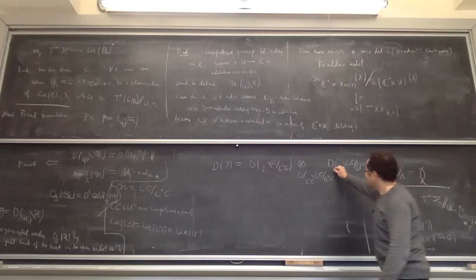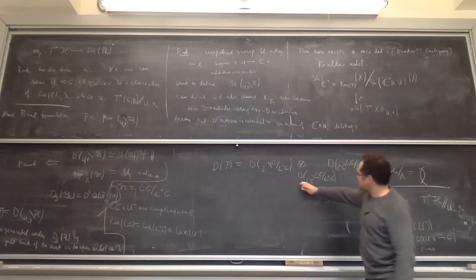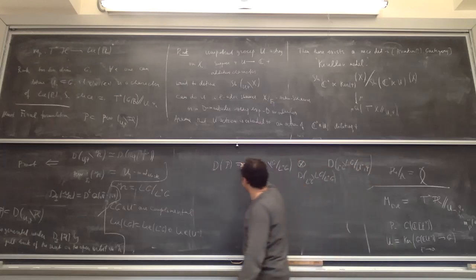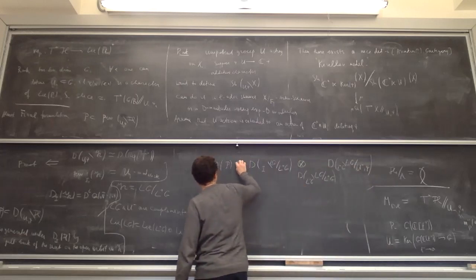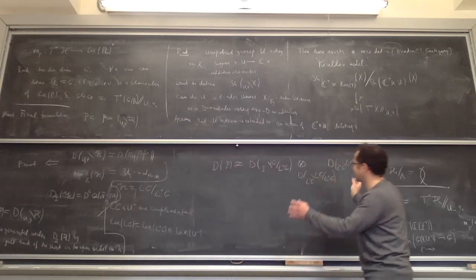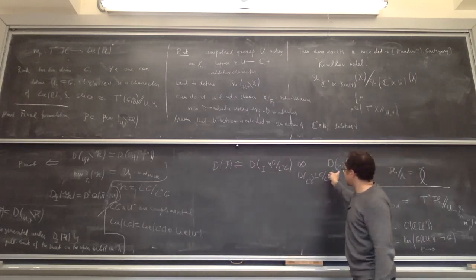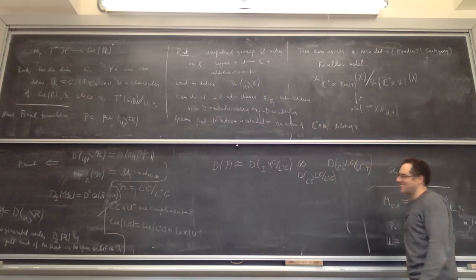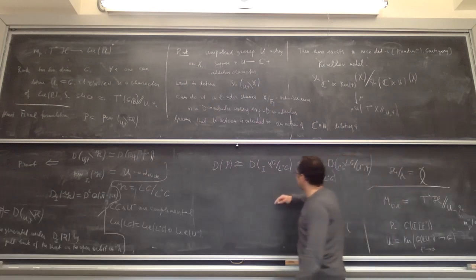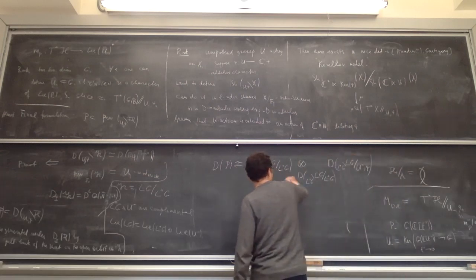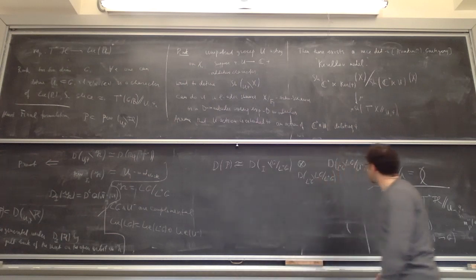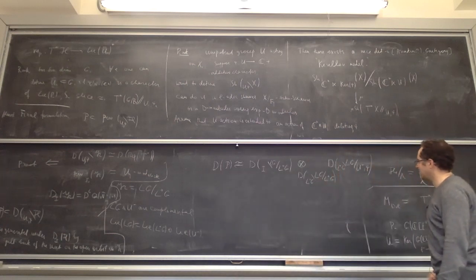So this should be heuristically clear, and there are general results along these lines, but this allows us to cancel this. And so in the right hand side we have a coherent description for everything involved.